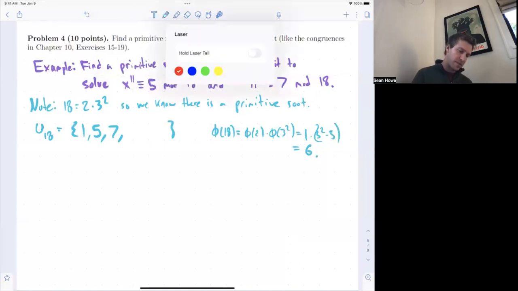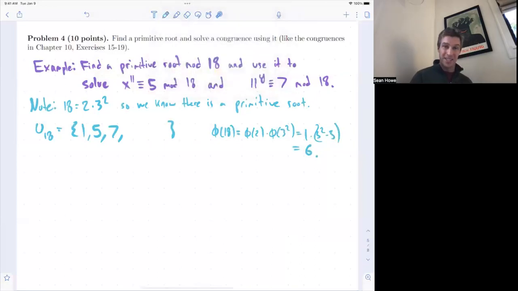Anything that's divisible by 2 or 3 is not coprime to 18. 10 is not, 11 is, 12 is not, 13 is, and then the last one is 17.